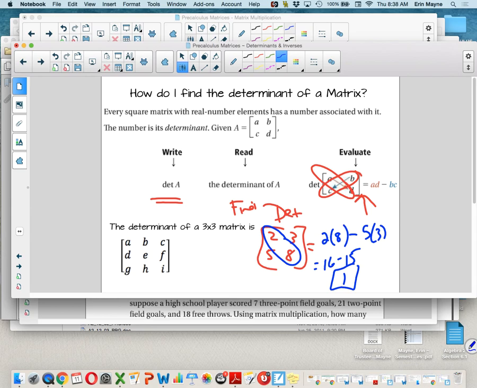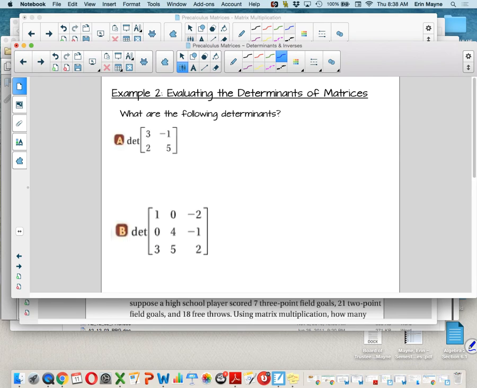Now, tomorrow we'll talk about the determinant of a 3 by 3. For now, can I move on? Do me a favor and find the determinant there in letter A. Go. And then just pop your hands up when you have it.